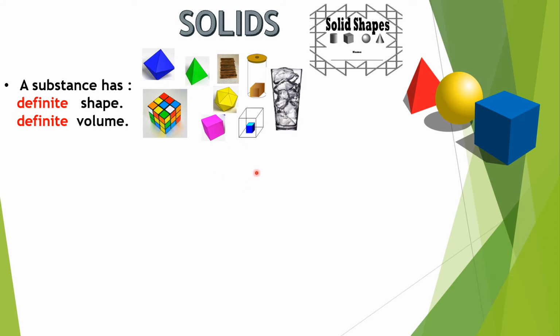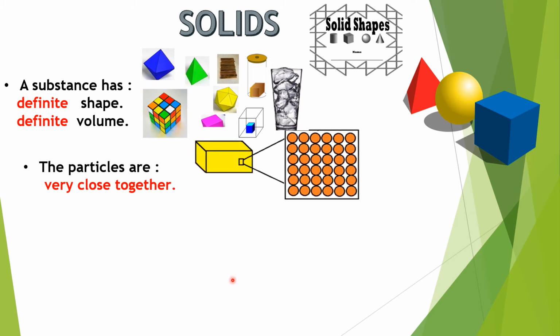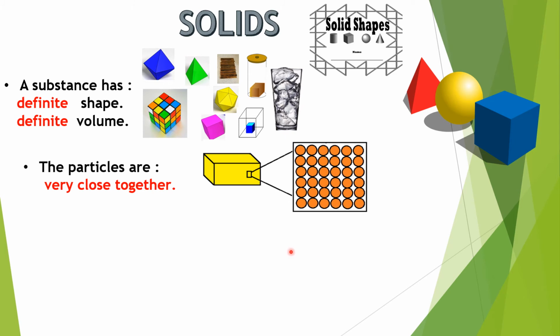This is a solid, the particles are very close together. This is the arrangement of the particles. The particles don't slide easily past each other. Here there is no distance between particles, so the particles don't slide easily past each other.